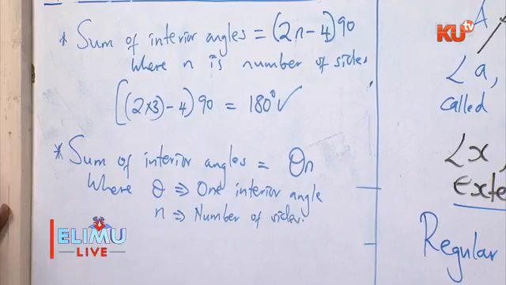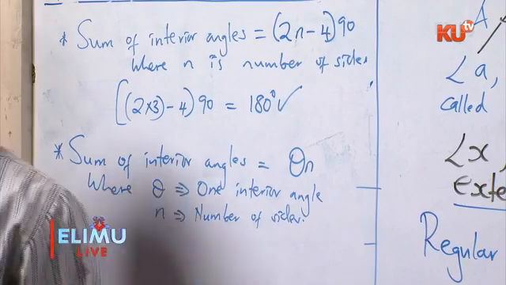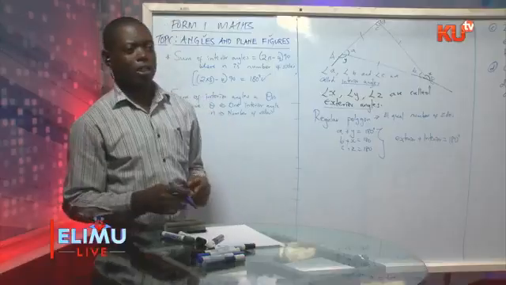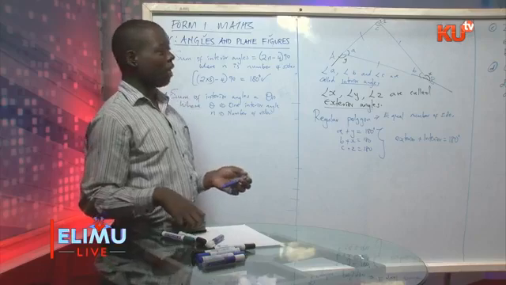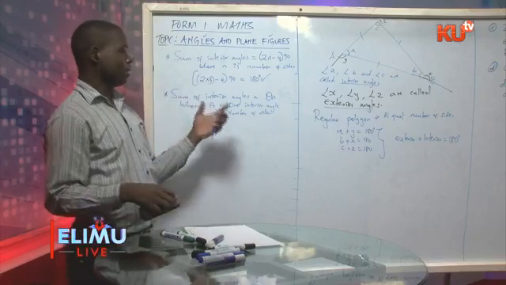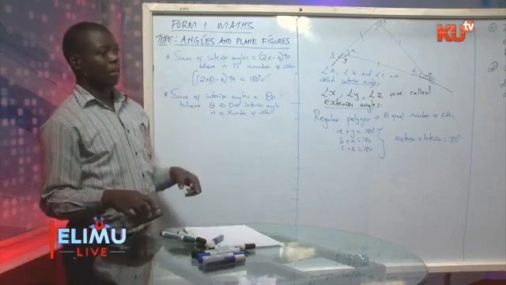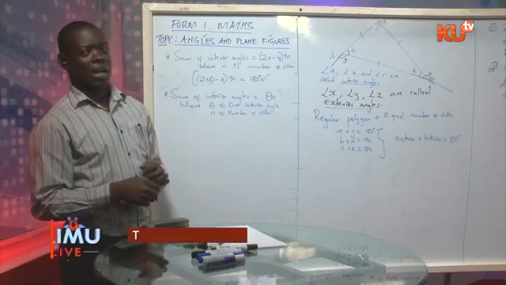So if, for example, you are told one of the interior angles of the regular polygon is 40, and the polygon has 7 sides, then you simply take 40 times 7 to get the sum of interior angles.